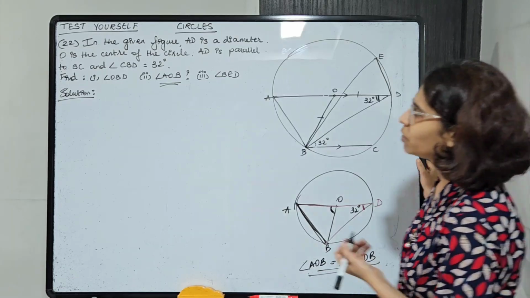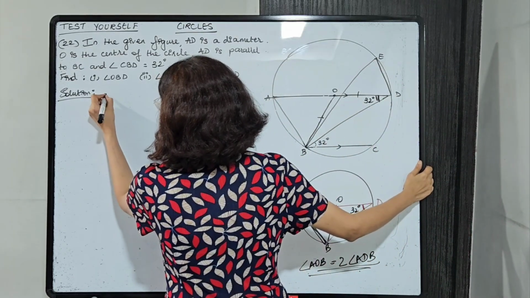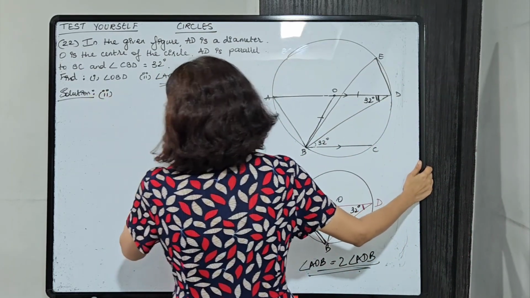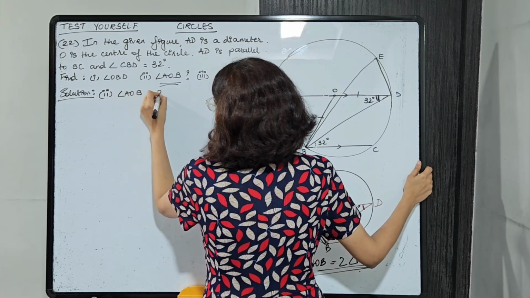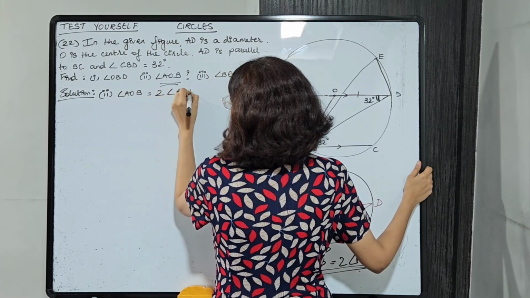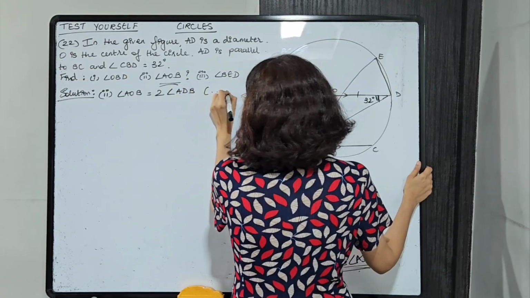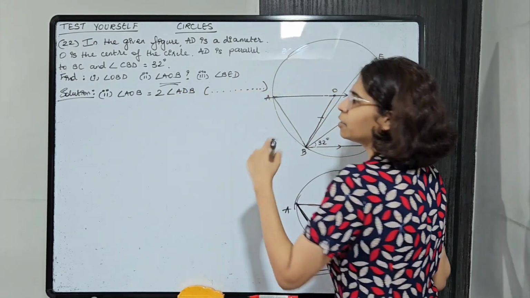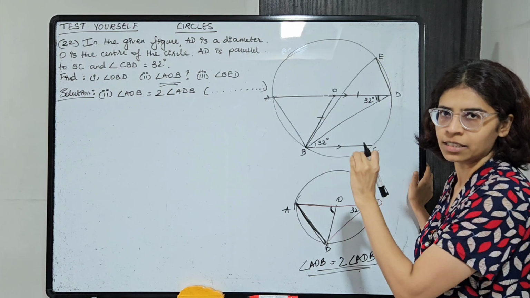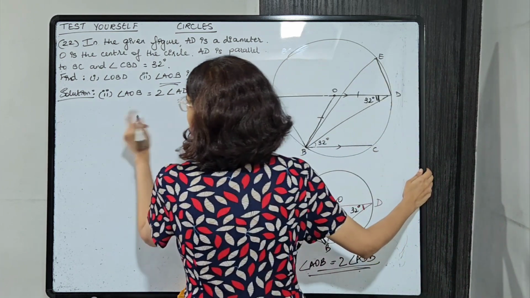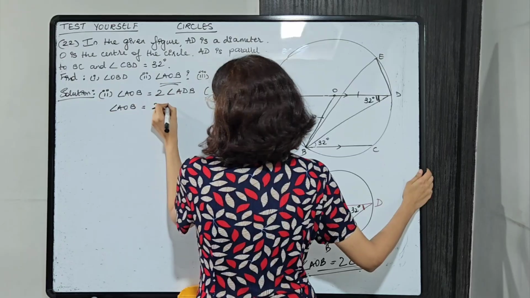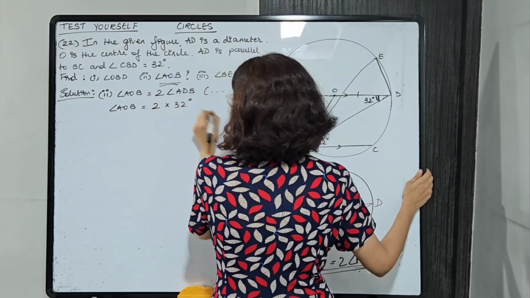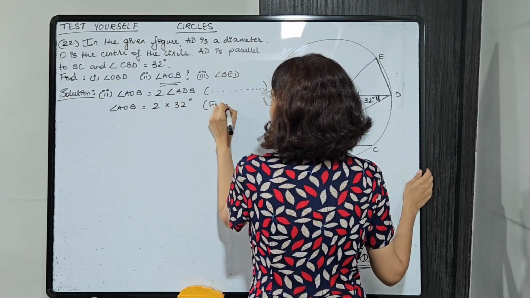Alright, so let us solve for the second part. Now write down angle AOB is twice angle ADB. Angle subtended at the center is twice the angle subtended on the circumference. Write the full reason. The value of ADB was already found, put 32 from 1, right?